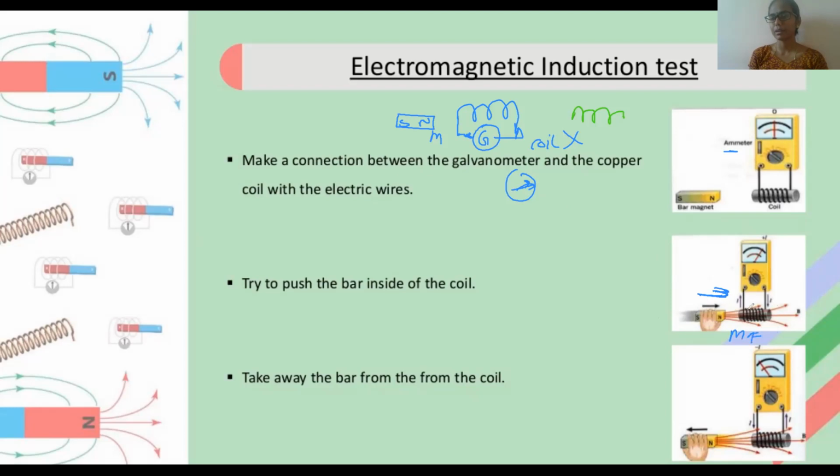When you change the magnetic field, a current is induced in the coil, so it shows deflection. When you take it out, you are again changing the magnetic field, so again the galvanometer shows deflection. That means current is induced again. So when there is a change in magnetic field, what we call flux, at that time the induced current is induced in the coil. That is proved by this experiment. I hope this is clear, children.